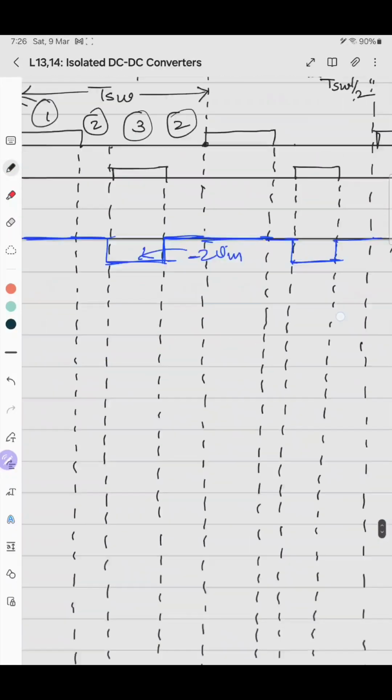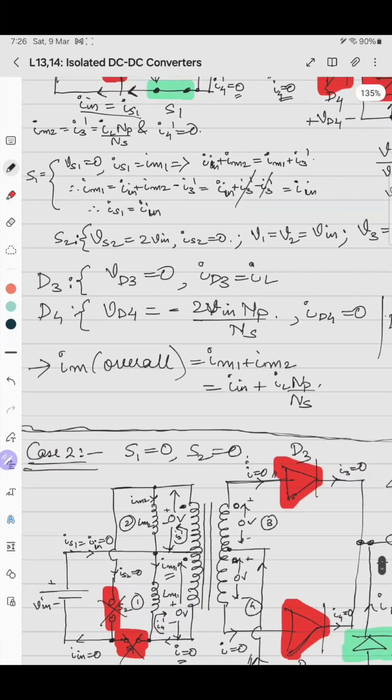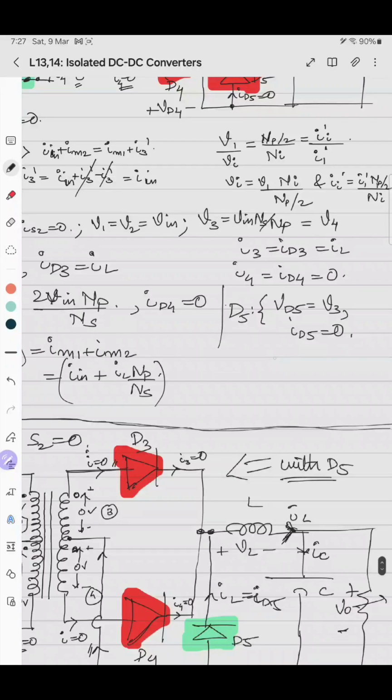In case 1, the overall IM was this. This is the overall IM. And IS1. So if we draw the overall transformer equivalent circuit, we can draw it like this.